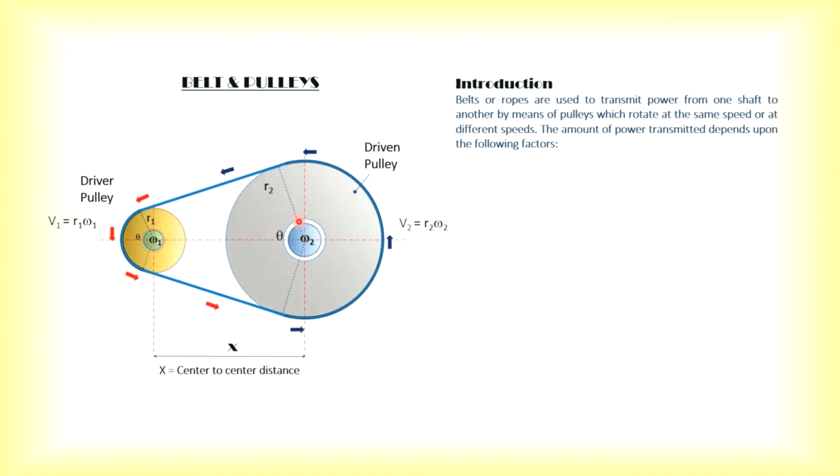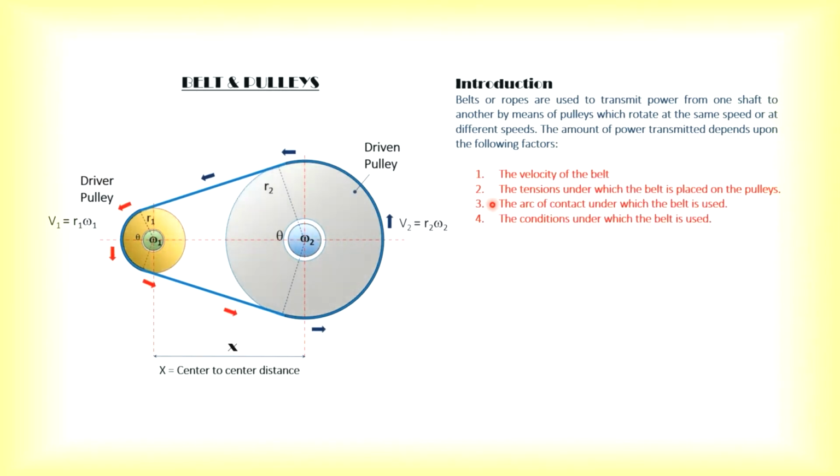When a smaller pulley drives a larger pulley, the speed is reduced. But if the larger pulley is the driver and the smaller pulley is the driven, then the speed is increased. So it can be the driven.